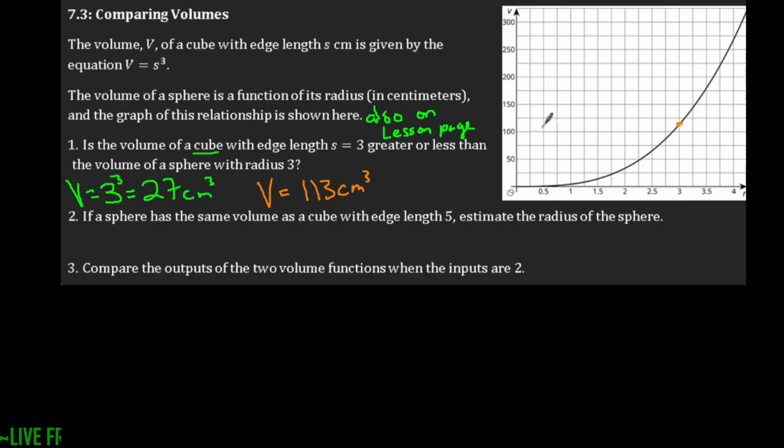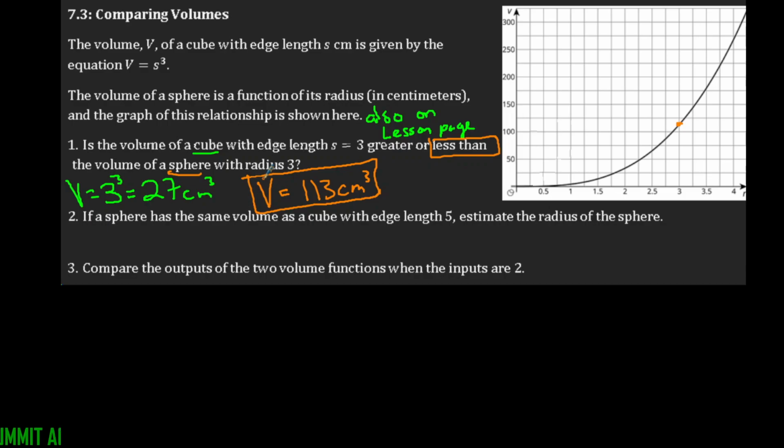Again, you can find that by either typing it into your Desmos calculator or looking on the graph. We can say that the cube is going to be less than the sphere. So our answer is less than, because the sphere has a greater volume.